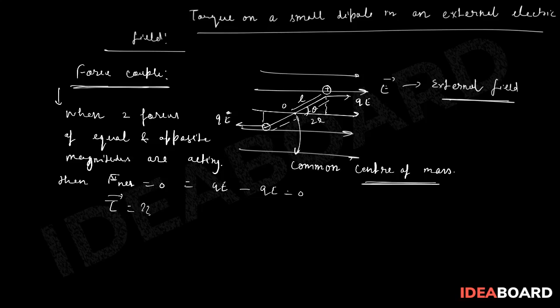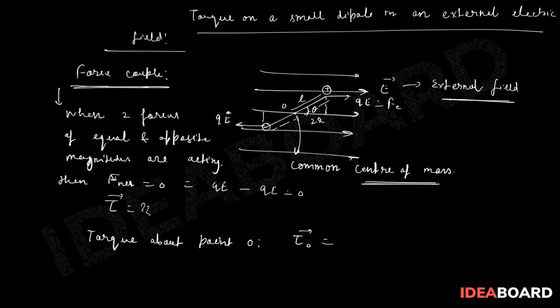If this angle is theta, we can clearly observe that the torque about point O is given by F electric into, so the formula of torque is r cross F, right?